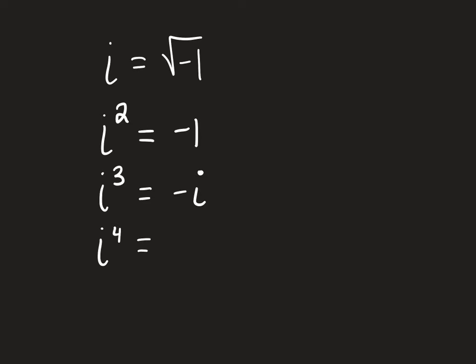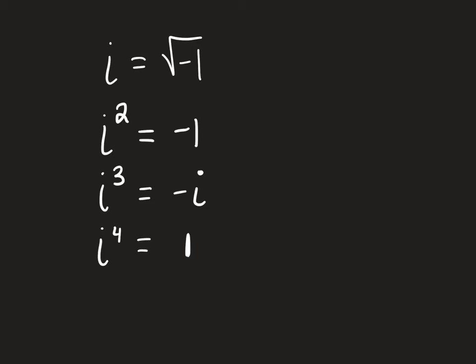It's like i squared times i squared, so -1 times -1 is +1. So you need to know these four things: i squared is -1, i cubed is -i, i to the fourth is 1. And then as the powers get bigger, this pattern just repeats.